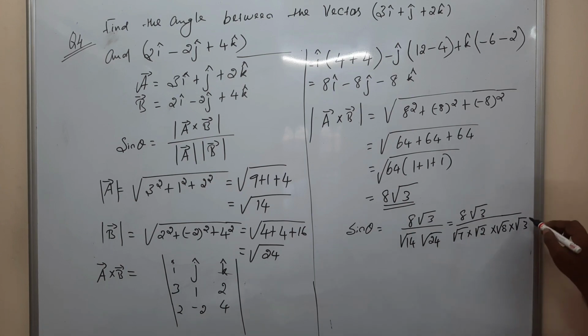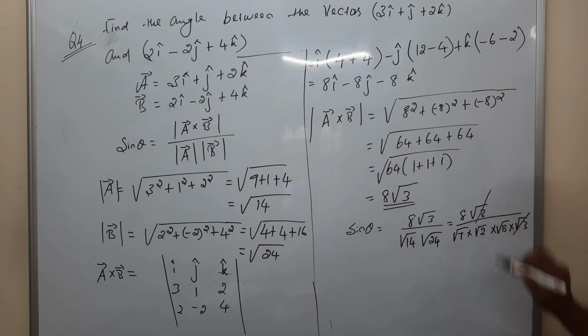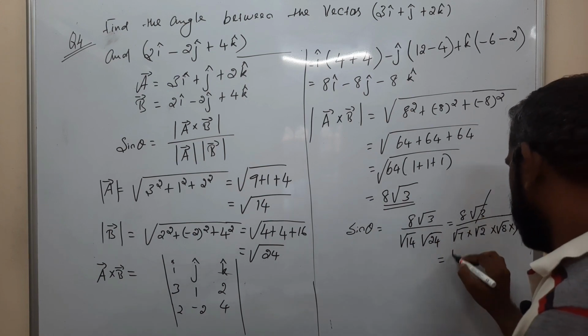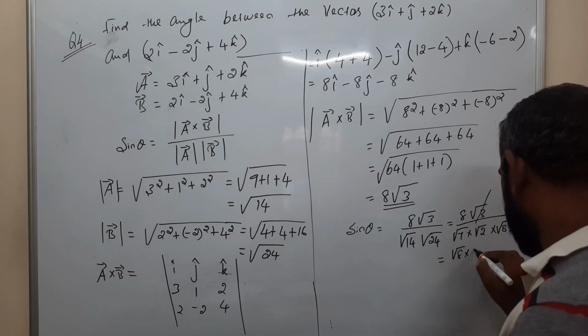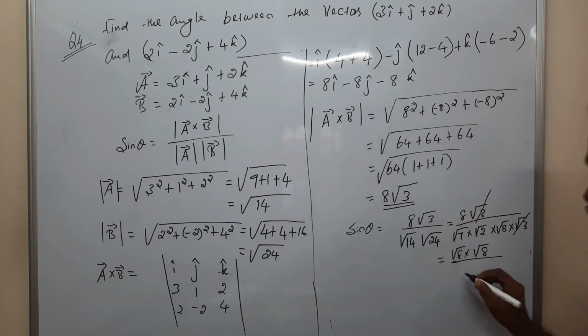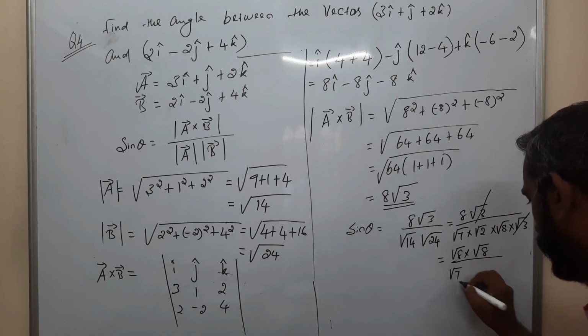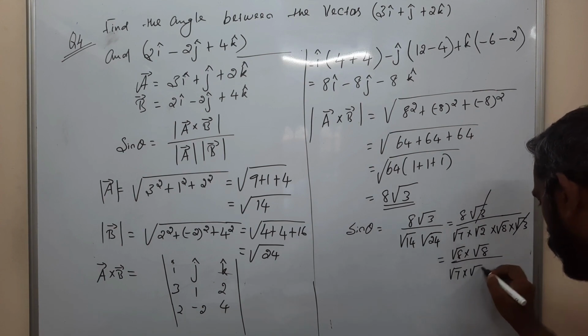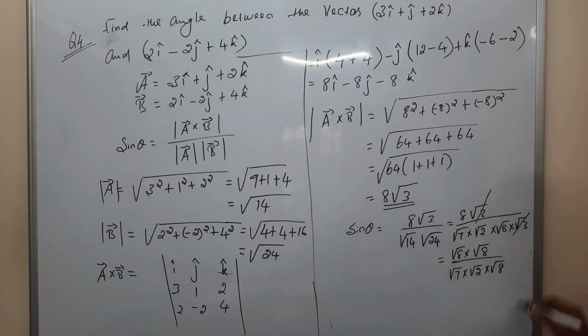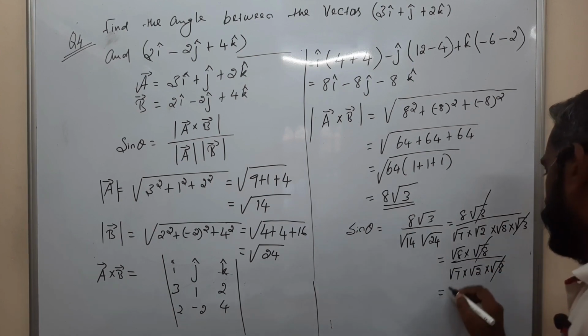So this root 3 cancels. We can write the 8 as square root of 8 into square root of 8, over root 7 into root 2 into root 8. So this root 8 cancels.